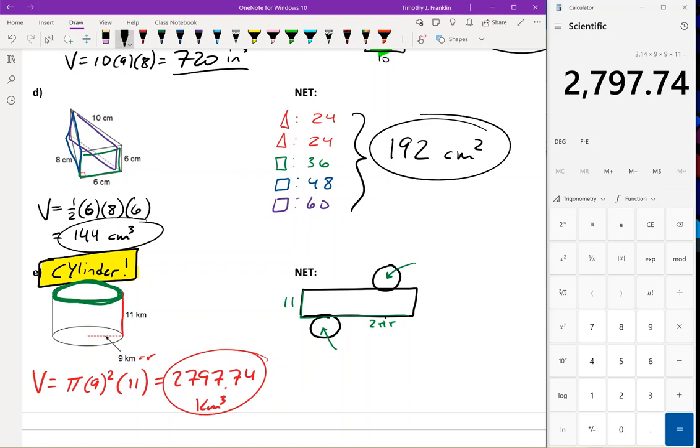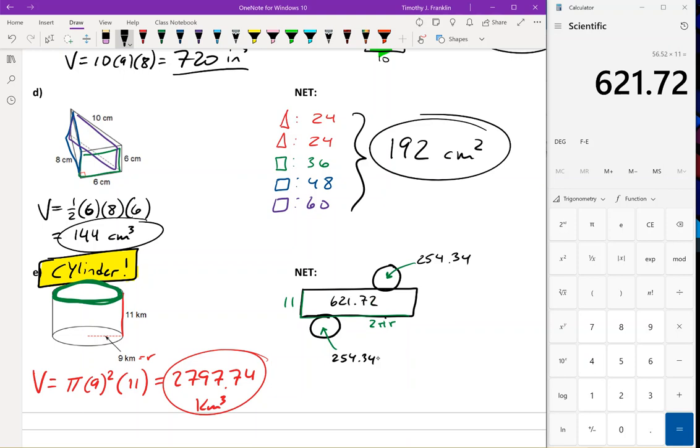So let's find those values. The area of the circle is 9 times 9 times 3.14, which gives us 254.34. Okay, and the area of the rectangle, 2 times 3.14 times 9, which is the circumference, times 11, is 621.72.